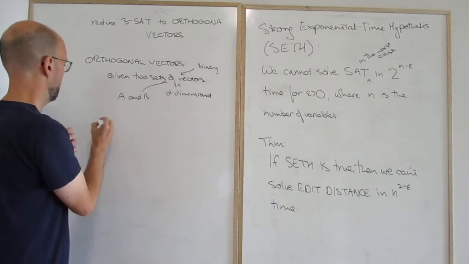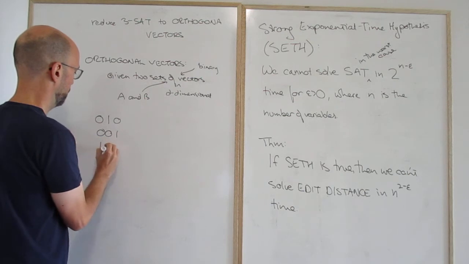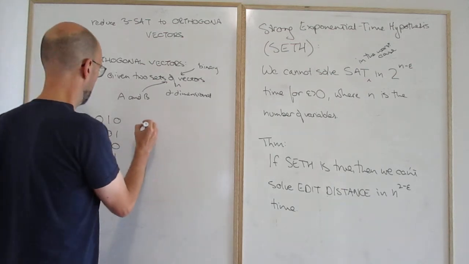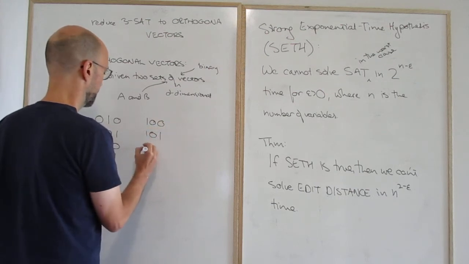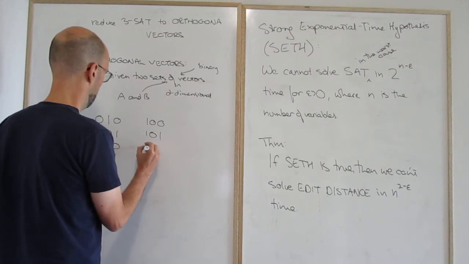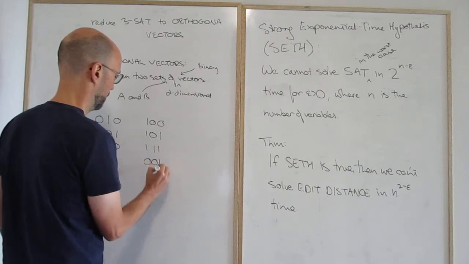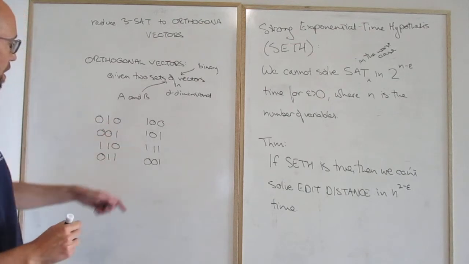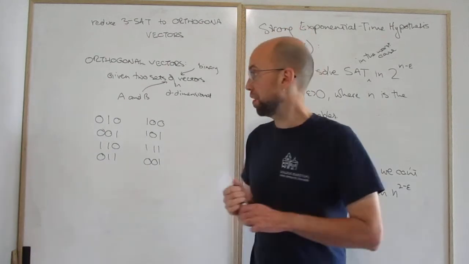So for example, maybe you get 0, 1, 0, 0, 0, 1, 1, 1, 0, 0, 1, 1. And you get 1, 0, 0, 1, 0, 1, 1, 1, 1, and 0, 0, 0, 0. I'm not saying that they have to be distinct. So this is A and this is B.